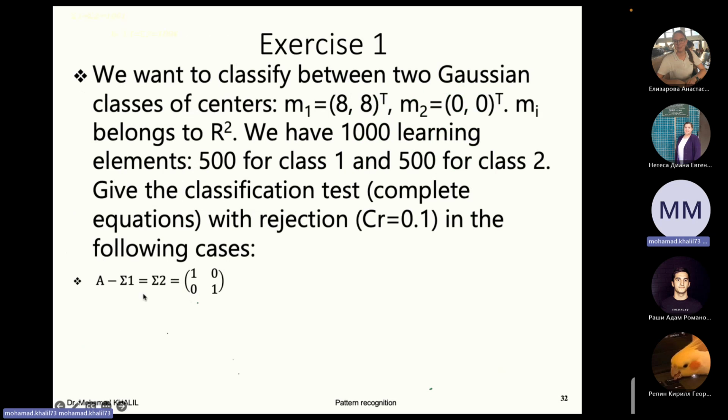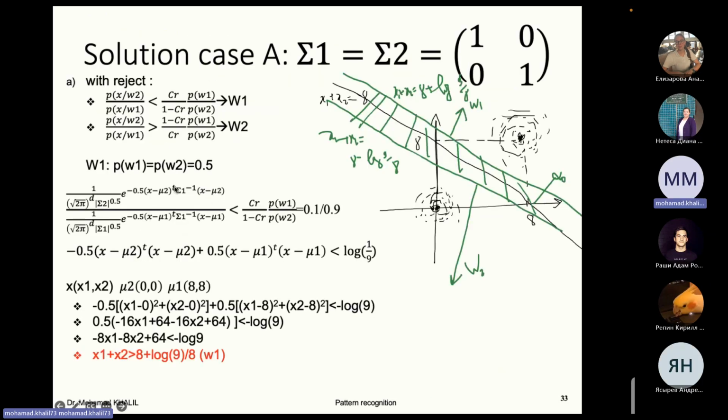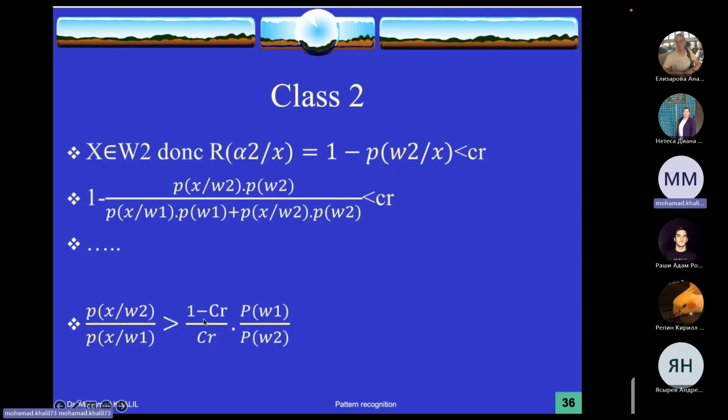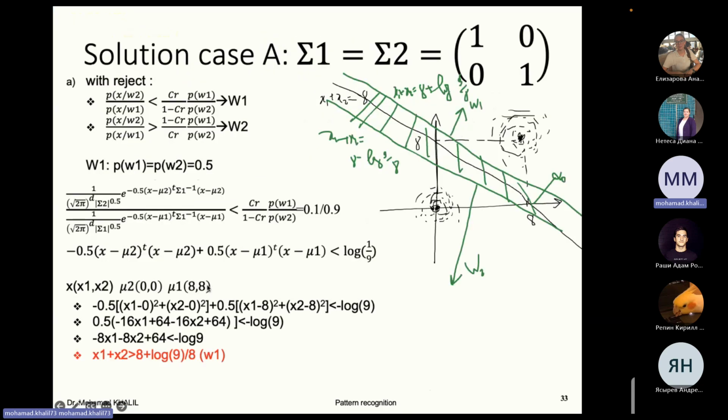So I would like to take the case of two classes. Please pay attention. With rejection, I cannot use the equation without CR. You have to use this equation. This ratio less than this threshold is class 1, and this ratio greater than this other threshold is class 2.